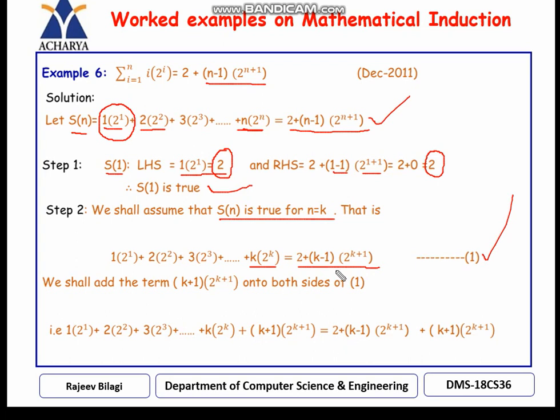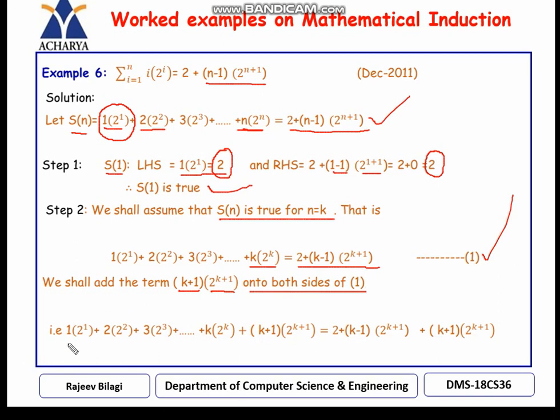I will call this equation 1. Now with this, the next element to be added on both the sides will be (k plus 1) into 2 to the power of k plus 1.